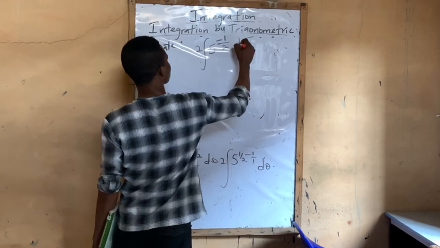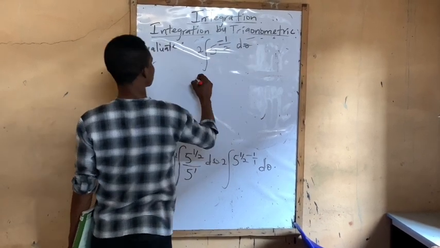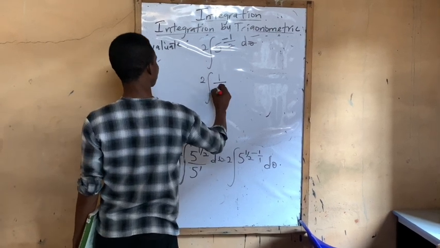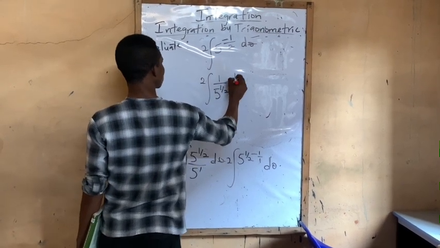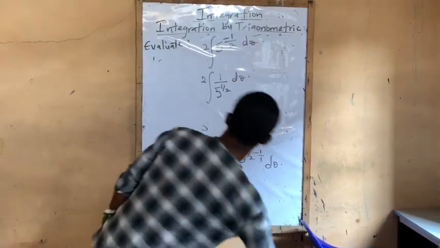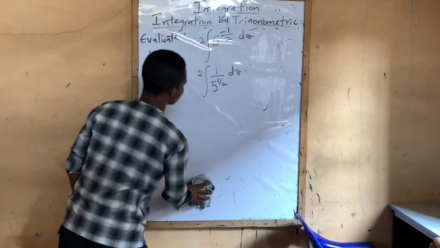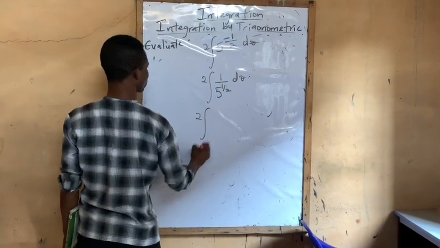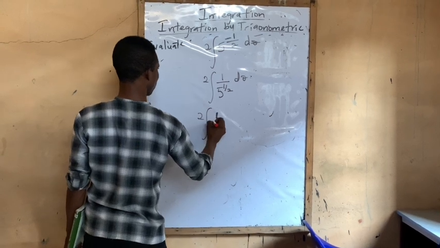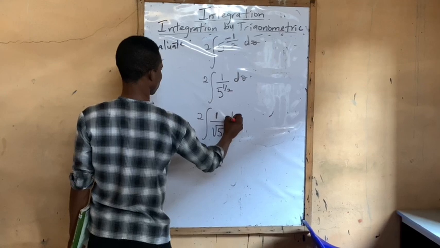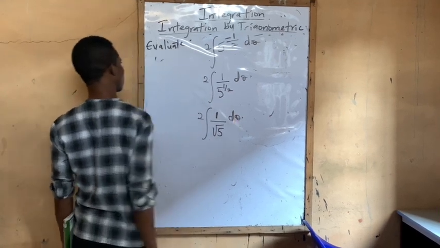Minus 1 theta, that is 2 integral of 1 all over 5 raised to the power 2, d theta. So that will give us 2 integral of 1 all over, it means root 5, d theta.